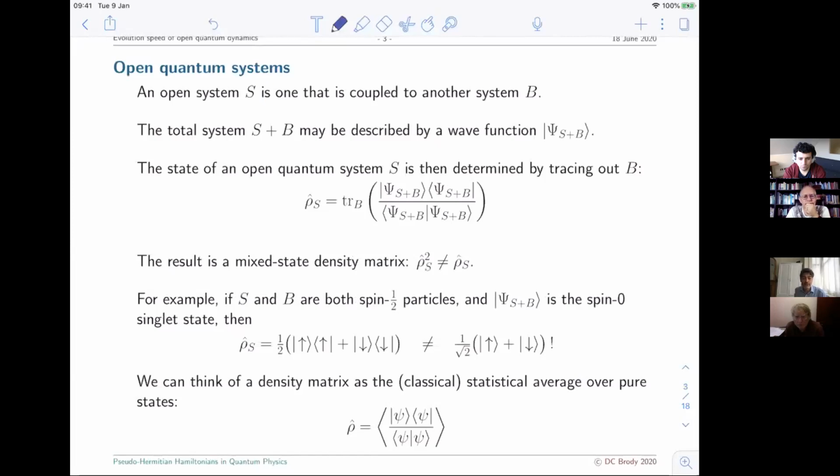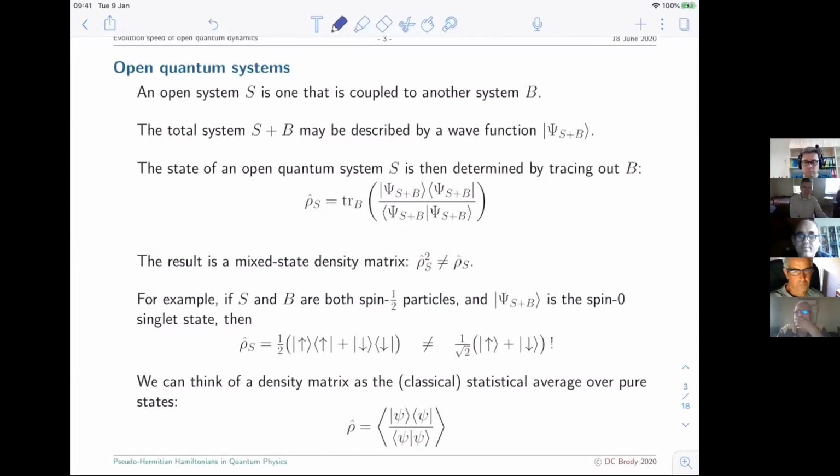However, if you're talking about the system itself, then the state of the system is determined by tracing out the environment B. And therefore you form a projection operator onto that pure state wave function, and then you trace out the environment, and the result is a density matrix, which is not going to be a pure state. So rho s squared is not equal to rho s.